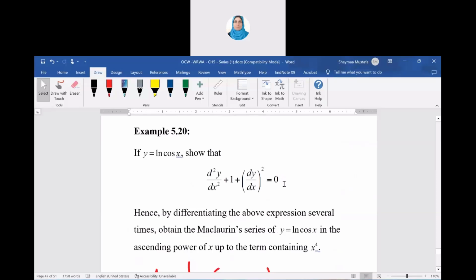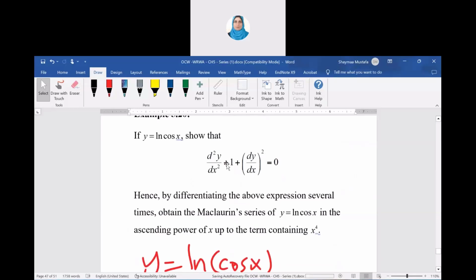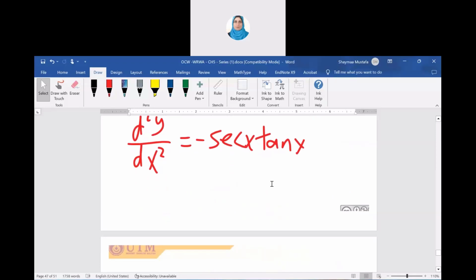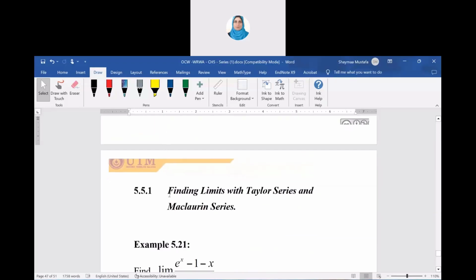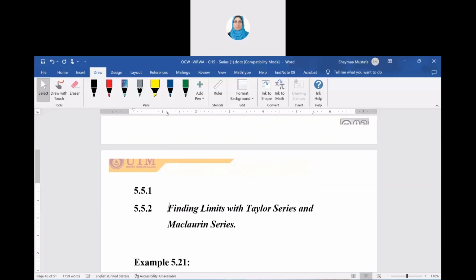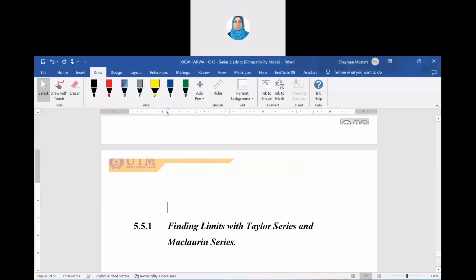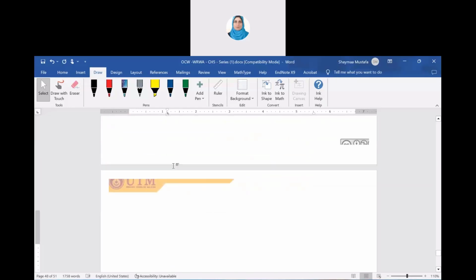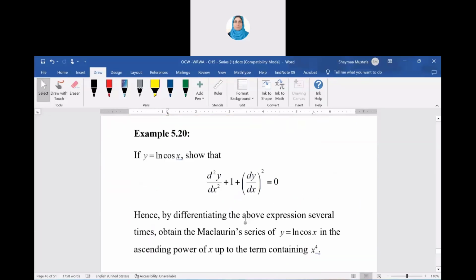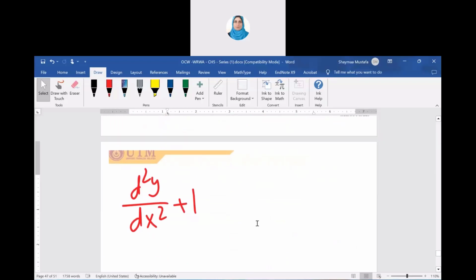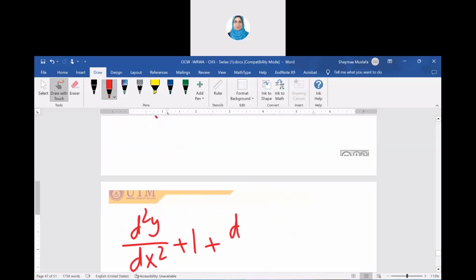I will substitute on the left hand side and prove it is equal to 0.